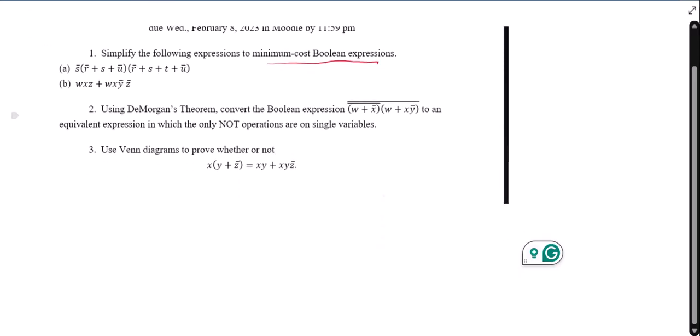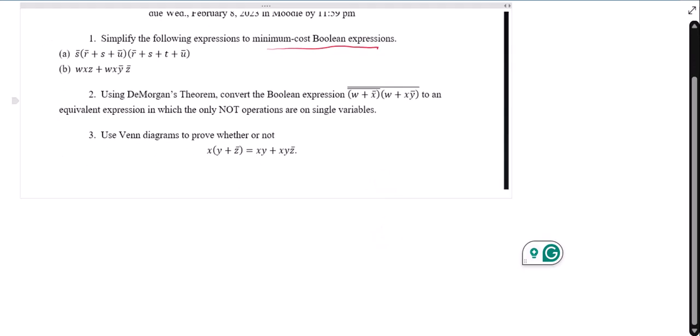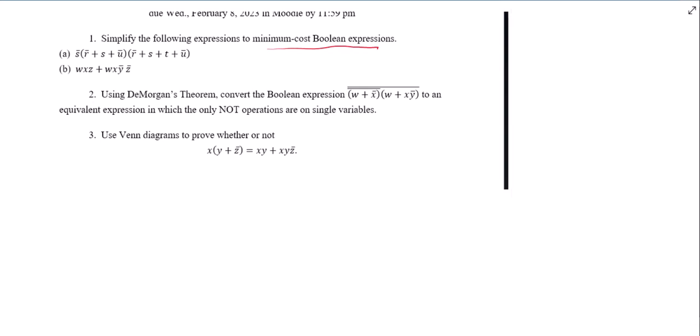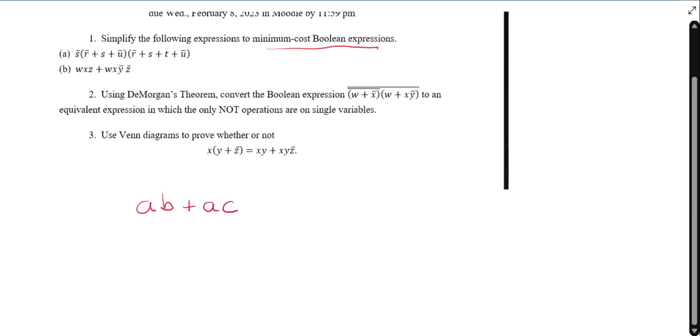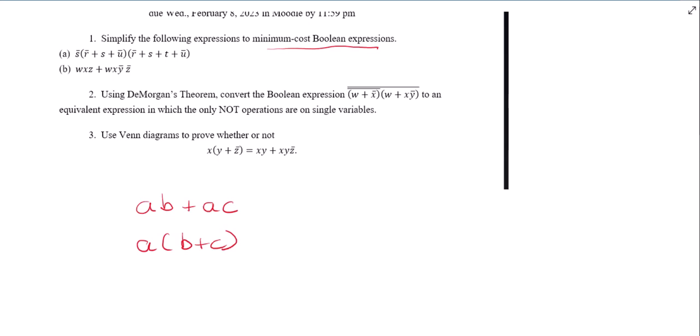And before I do this, let me just give you a little heads up about minimum cost. Take a look at the following and see which one is minimum cost. The answer is that this one is minimum cost because it only has 2 gates, an OR gate and an AND gate.